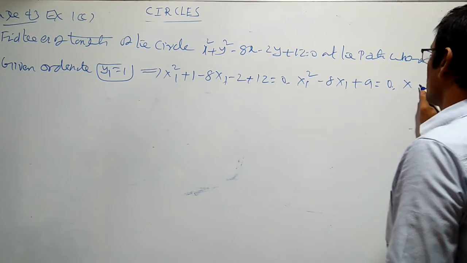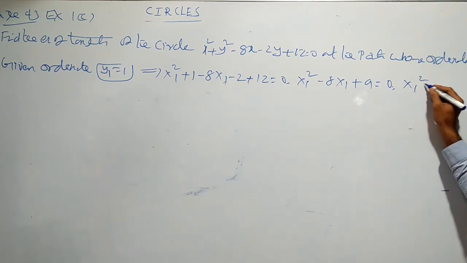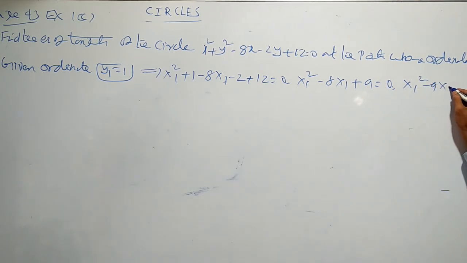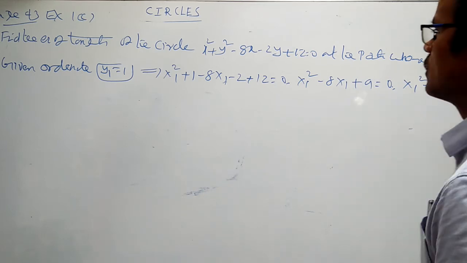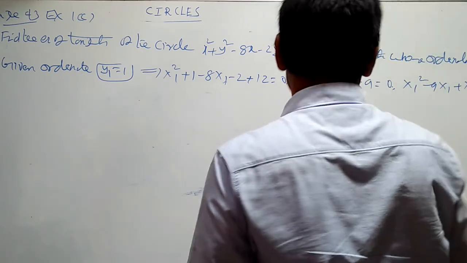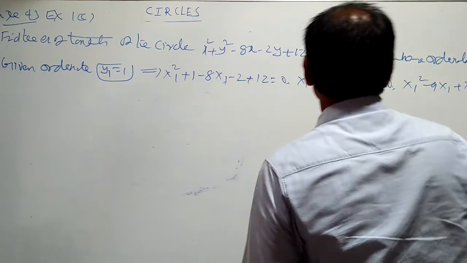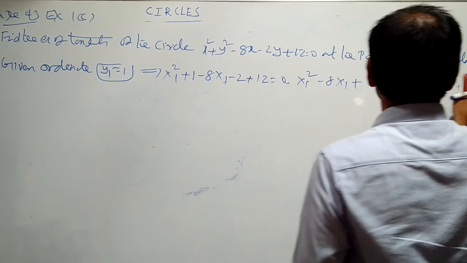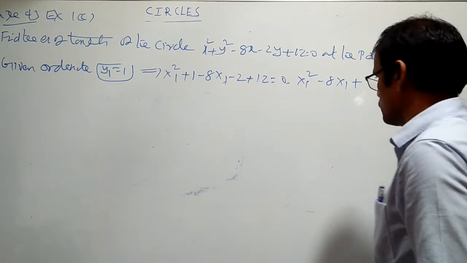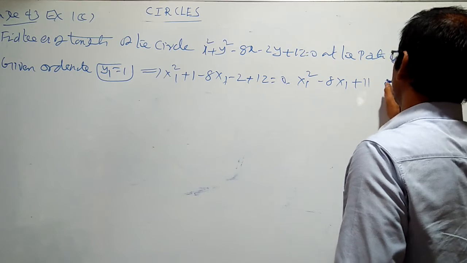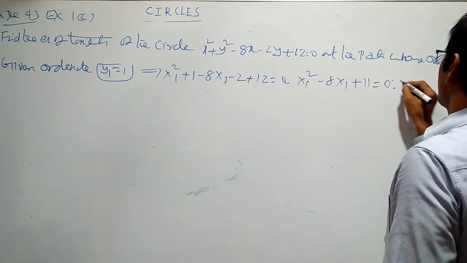Depends upon the factors, now you can write x1 square minus 9x1 plus x1 plus 9. It is wrong. 13 minus 2 is 11, not 9. So there is no factor.